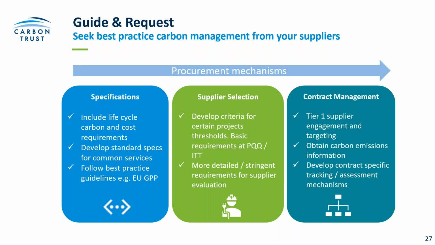So it's about getting started early with this sort of stuff. When it comes to selecting the suppliers, it would be wise to consider what are the key standard criteria involved in, say, the initial PQQ or the ITT stages. And then going through to the supplier evaluation stage, really pushing those suppliers on their carbon commitments.